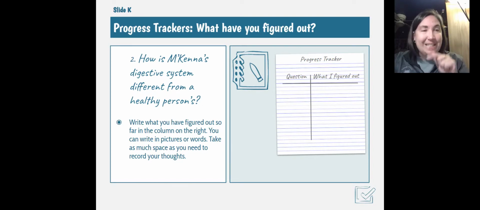See if you can list the organs of the digestive system in your progress tracker. What part of McKenna's small intestine looked different? Include a description of McKenna's small intestine and how it's different. And then, last but not least, how did McKenna's small intestine seem different when it came to the types of molecules that either stayed in or left? You got this.